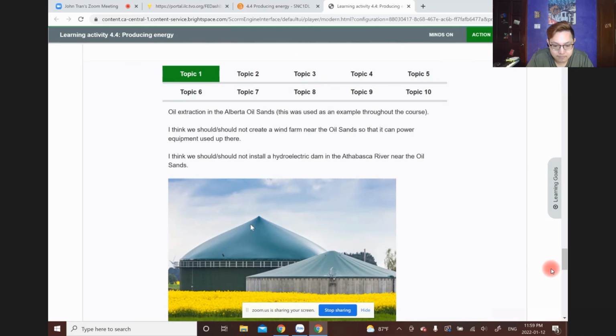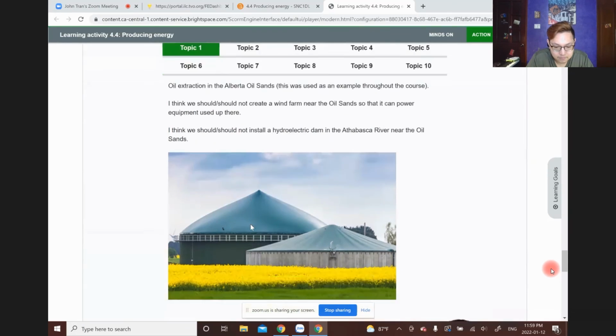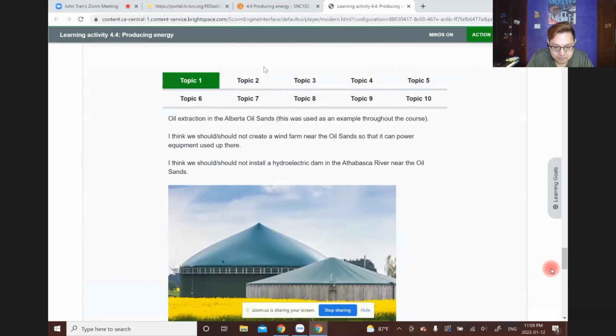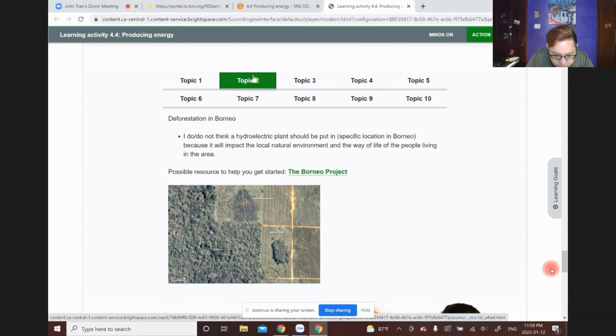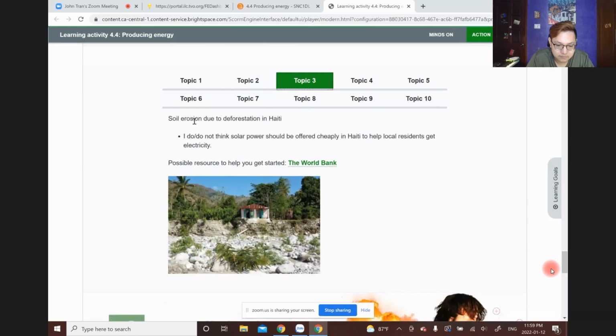I think we should not install a hydro dam near the oil sand. Evaporation is environmental. Soil erosion due to deforestation.